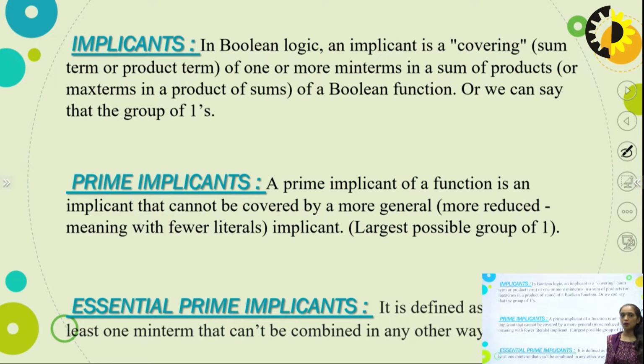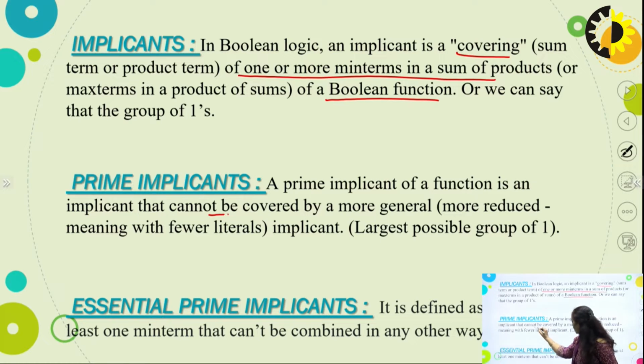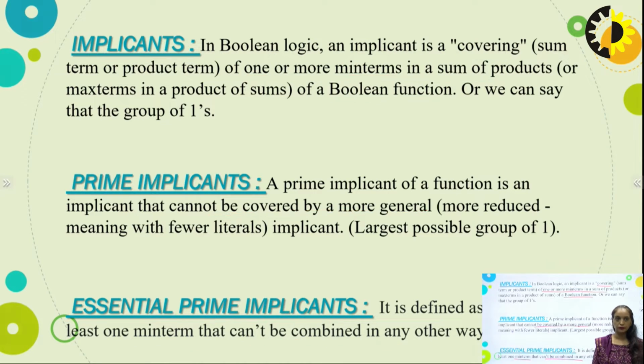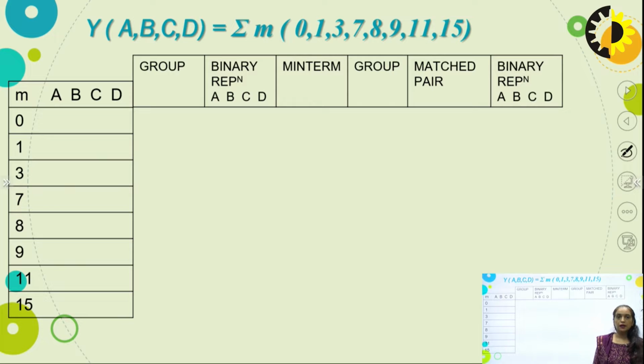An implicant in a Boolean logic function is a covering of one or more minterms in a sum of product or product of sum of a Boolean function, or we can say that a group of ones is known as an implicant. A prime implicant is a group which cannot be covered by any other group, and an essential prime implicant has at least one minterm that cannot be combined in any other way. So let us start this example.